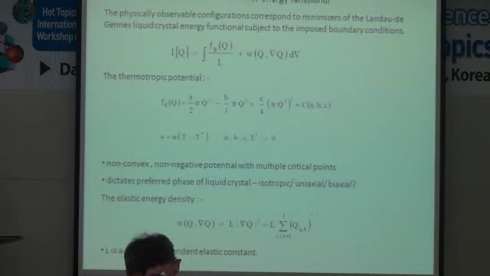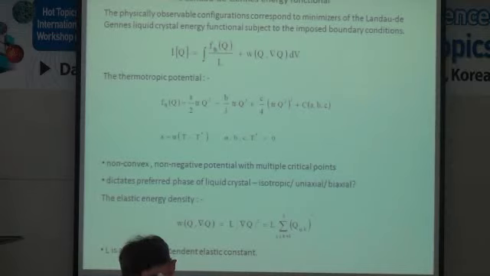The second component is what we call the elastic energy density. Again, you can have far more complicated forms. Professor John Ball had 3 elastic constants, 4 elastic constants, but I'm again working with the simplest case, the one constant case, where the elastic energy density is just grad Q squared, the sum of the squares of the first derivatives of the Q tensor.